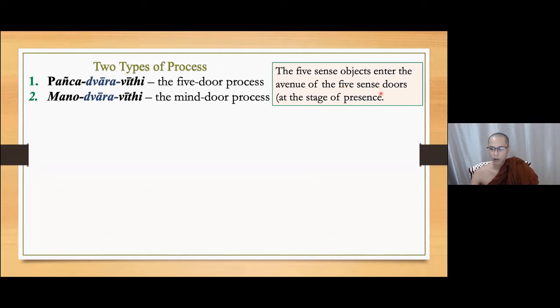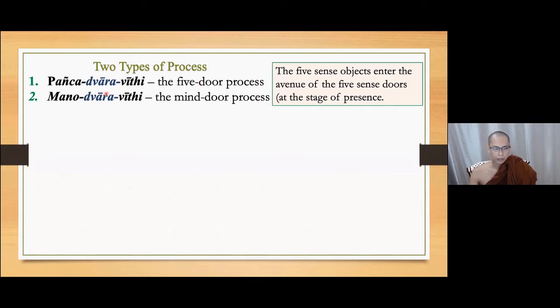At the stage of presence, meaning the present moment, they also have the three phases, as we have said: the 51 sub-moments, and the present moment less the 49.